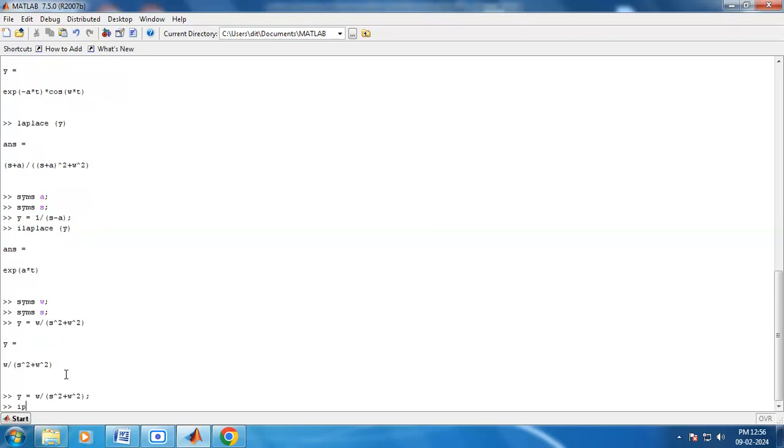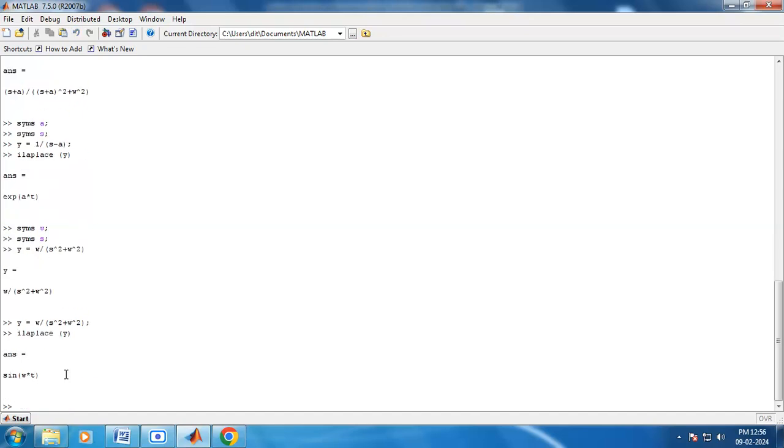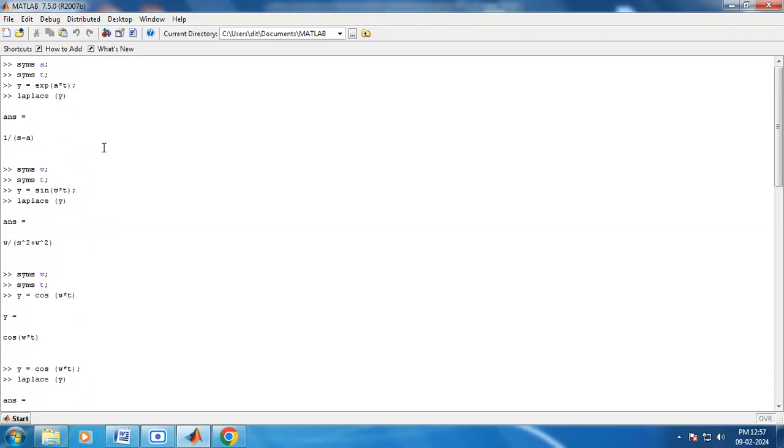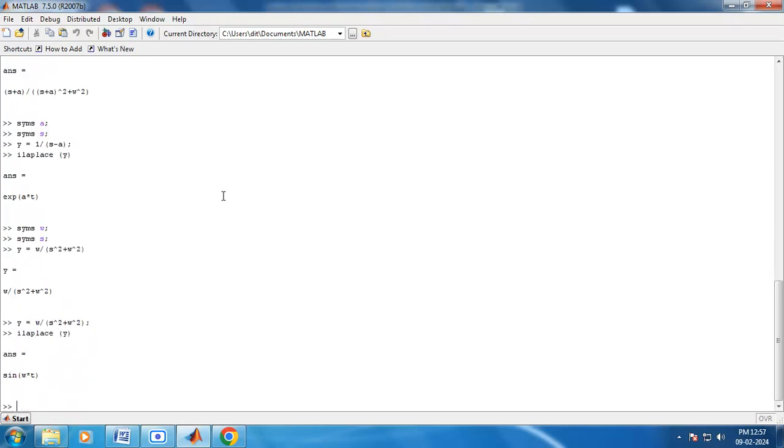Now ilaplace of function y. The result is sin omega t. That's fine, so it is verified.